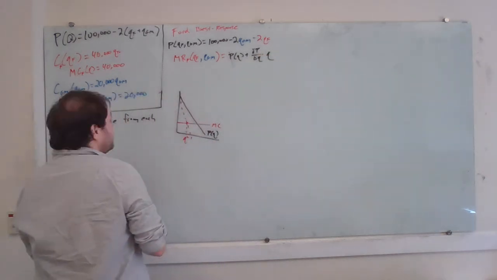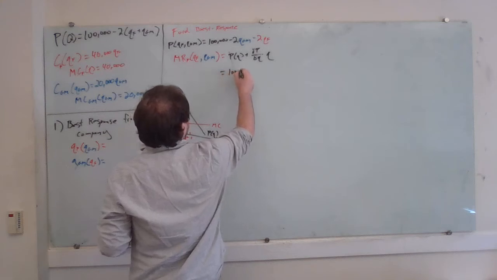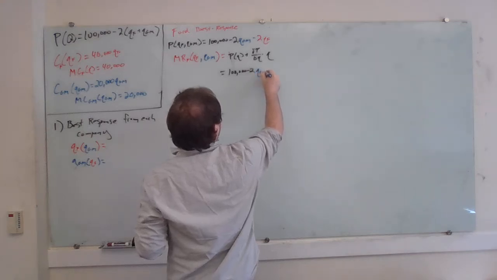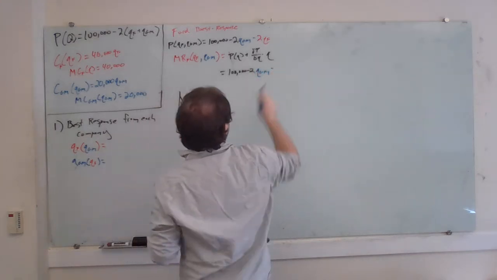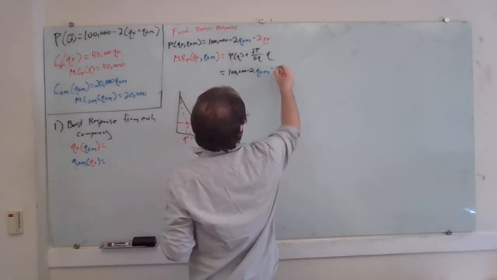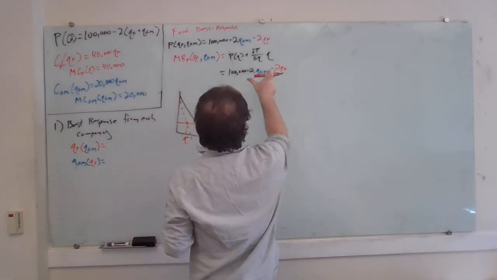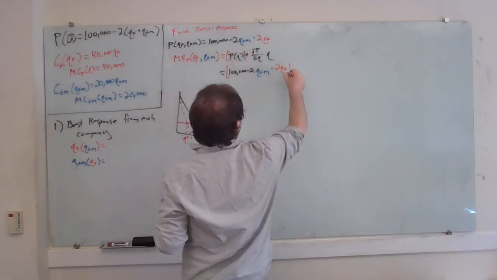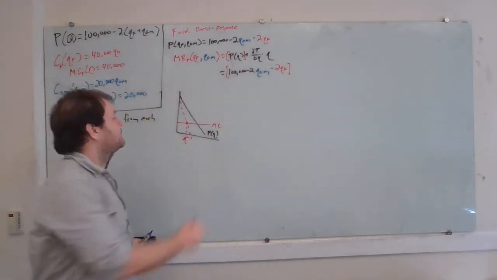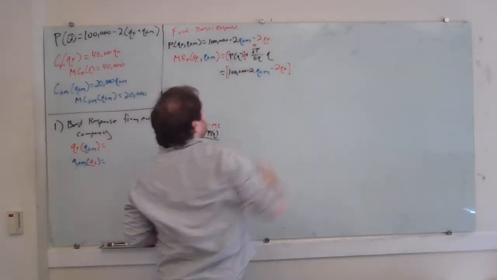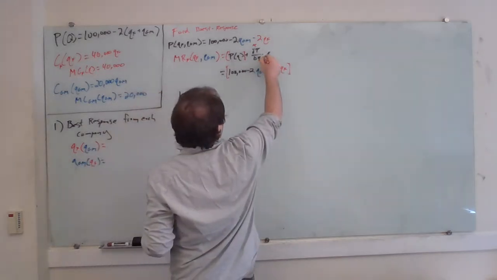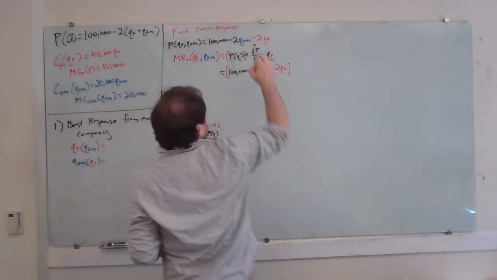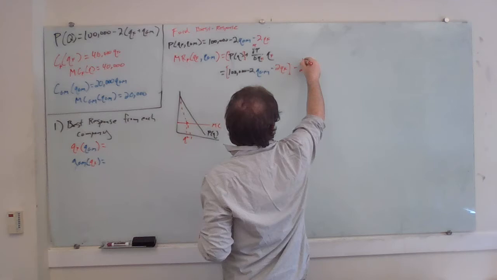So this is going to be 100,000 minus 2 times QGM minus 2QF, this is P of Q, plus dP/dQ, which is the derivative of this with respect to QF. I'll make this clear: dP/dQF times QF, since this is Ford choosing Ford's production. So this is just going to be minus 2 times QF.